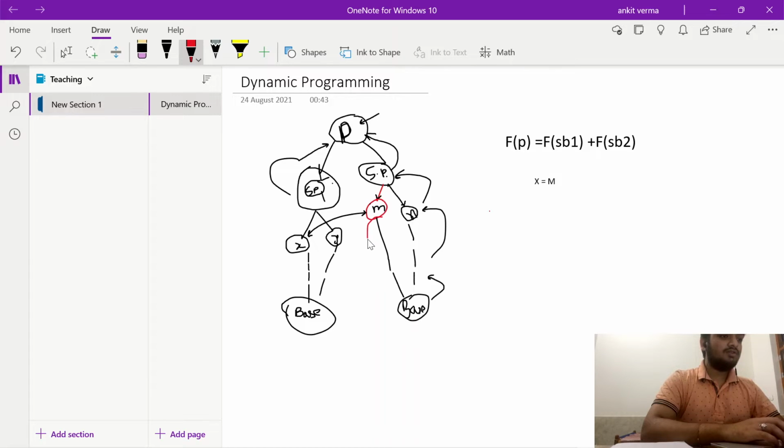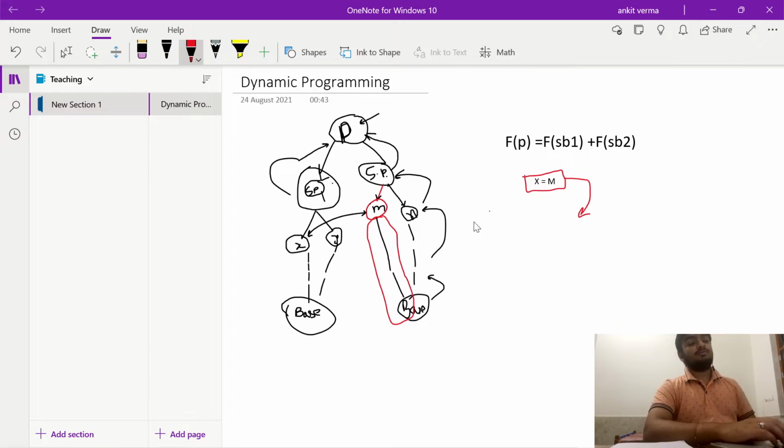I don't need to solve this part of the recursion. So basically it is time consuming to solve these subproblems, and storing the subproblems' answers and reusing them is called dynamic programming.